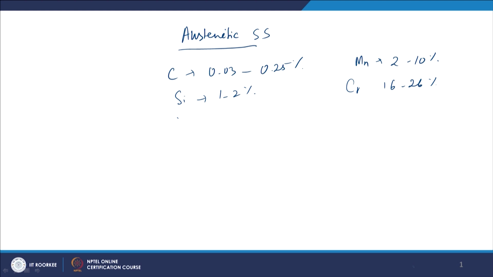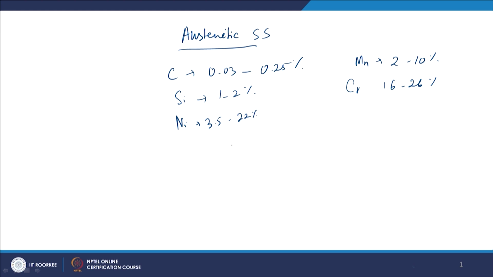Then you have nickel as 3.5 to maybe 22% or so. That nickel alloying element basically makes it really austenitic. Then you have phosphorus and sulfur. It is normally used in the aircraft industries, heat exchangers, food processing kettles, and milk cans. All these are made from austenitic stainless steel.